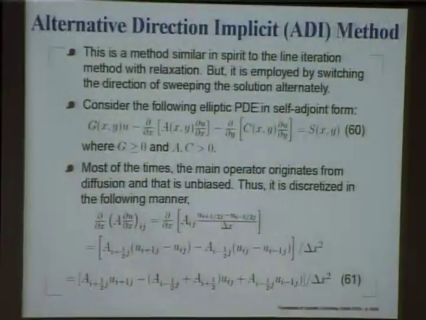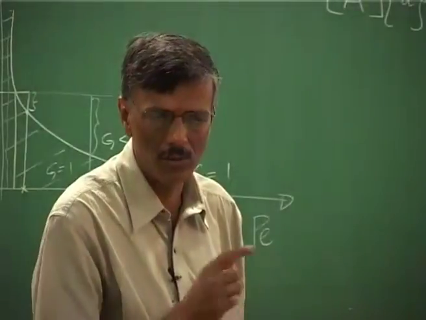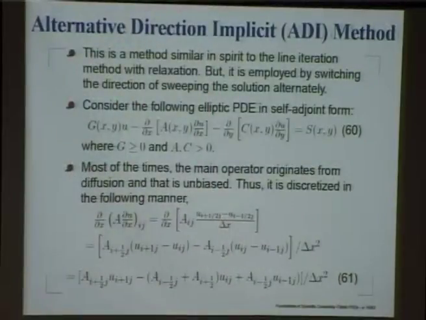Now, you have this as the function and that you are differentiating. Again you do the same thing. Let me take this first set of points, a I j times u I plus half j.